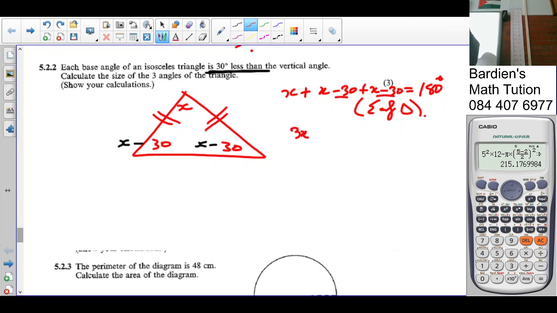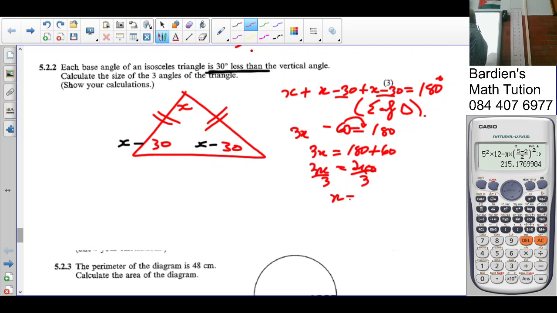Minus 30 minus 30 is minus 60. What do I do now? We take that 60 over. 3x is equal to 180 plus 60, which is 240. Divided by 3. So x is equal to 80 degrees.